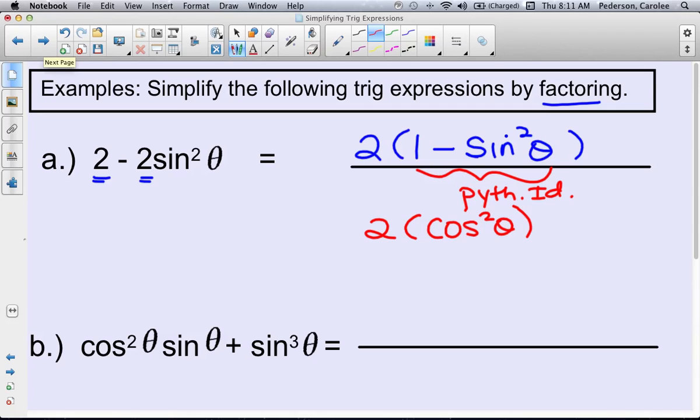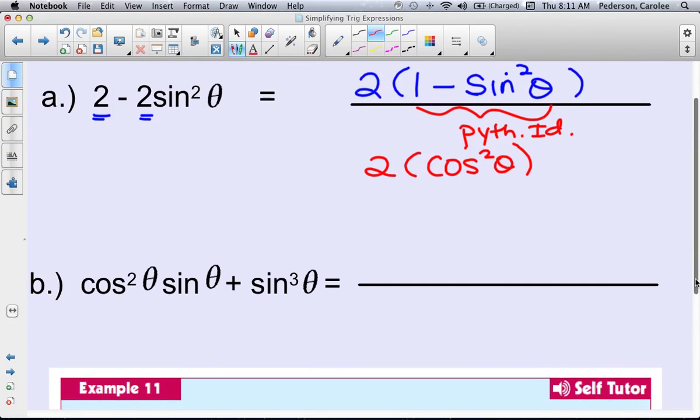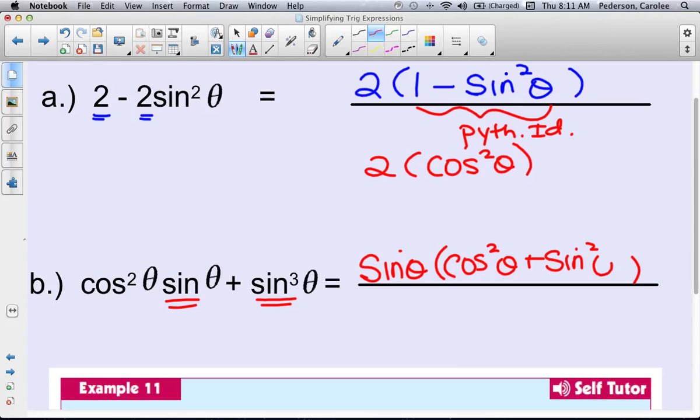Let's go down to example B. We have another GCF, the sine of theta. So we will factor out a sine of theta from both terms. Now this sine of theta is gone, so we're left with cosine squared of theta. We take out a sine of theta here, we're left with sine squared of theta.